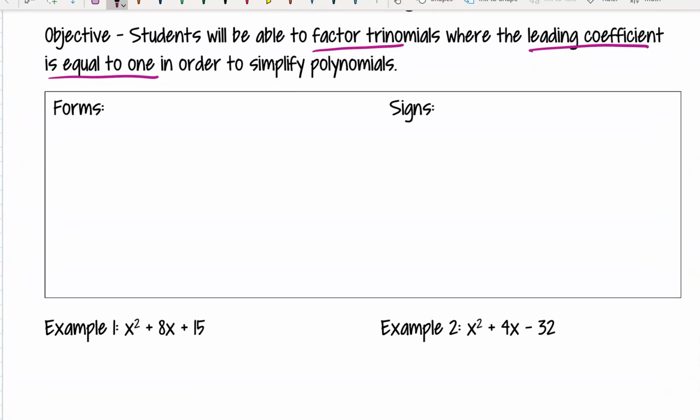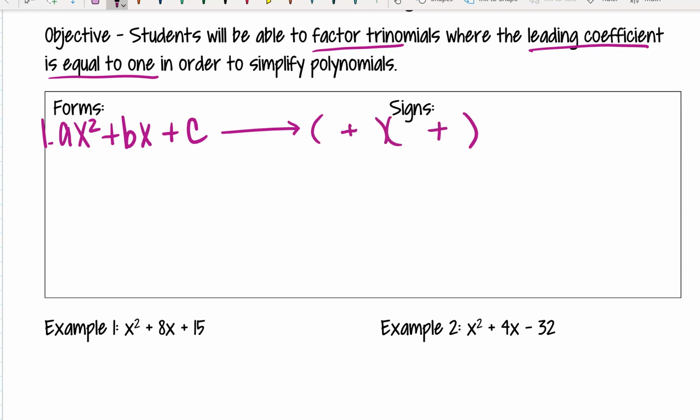So the general forms that you have for this, you have your 3 terms because they are trinomials. The first form is ax squared plus bx plus c. When you break it down to your 2 binomials, you'll have 2 plus signs breaking up your terms.